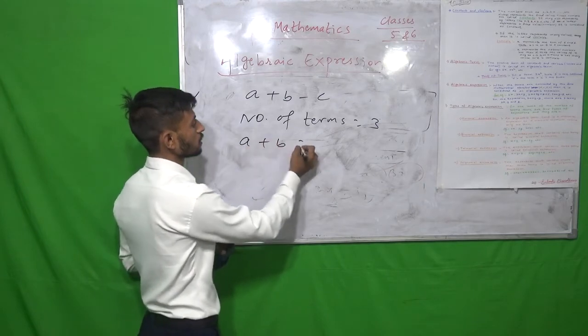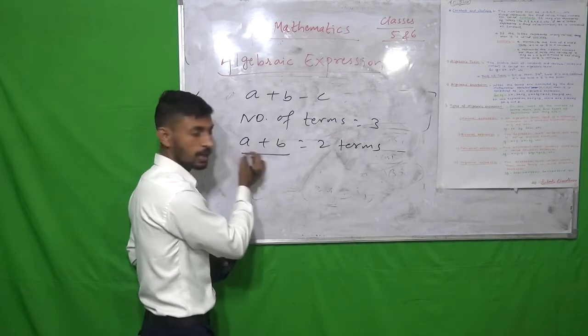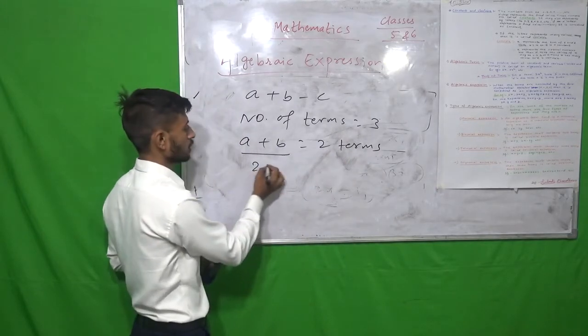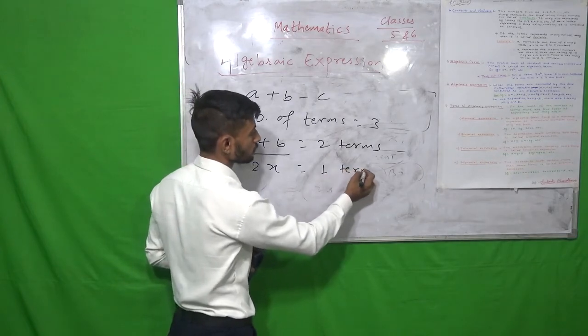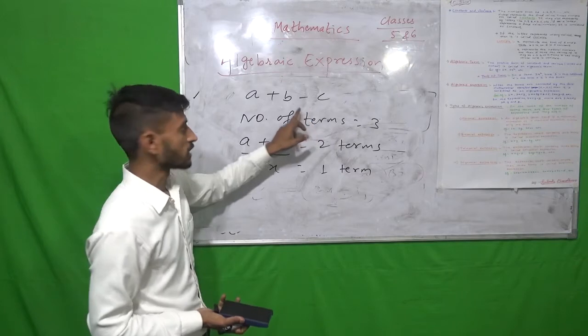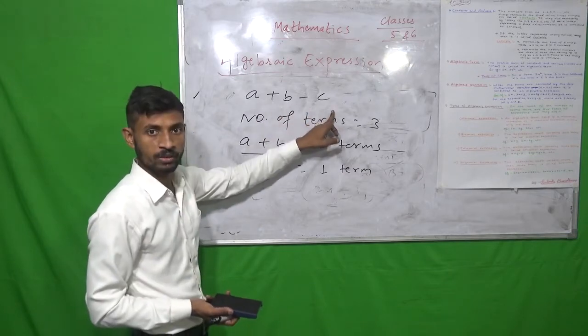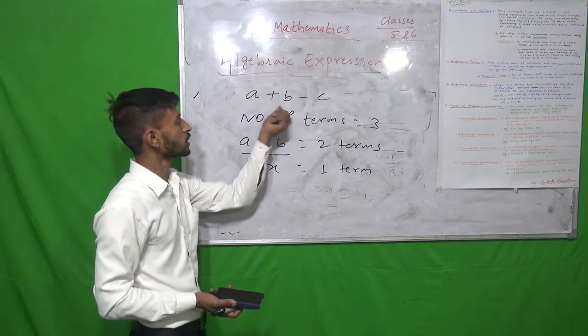In this we have two terms. This is the expression having two terms. This is the expression having only one term. The signs plus and minus can separate the terms, and so we can count them.